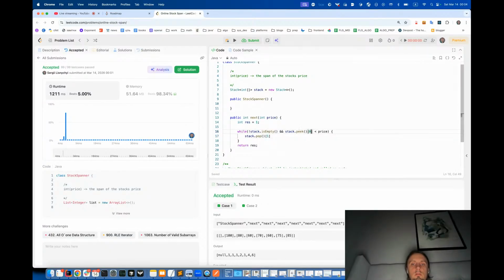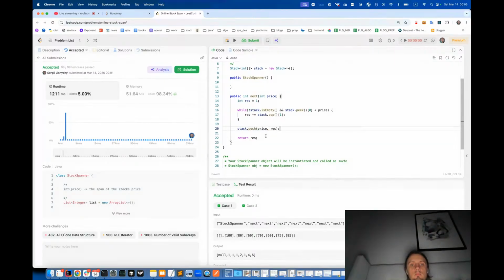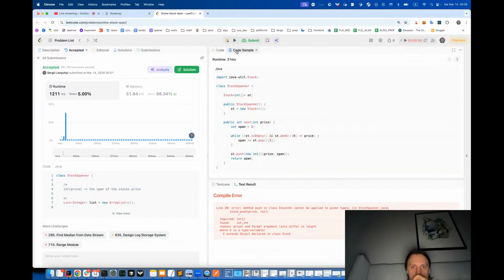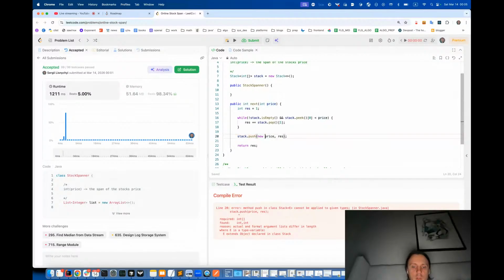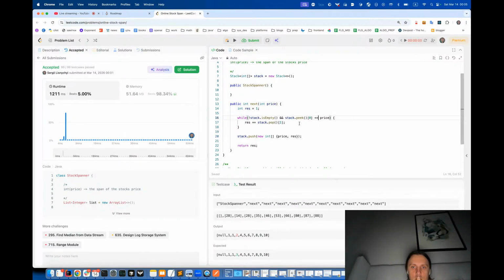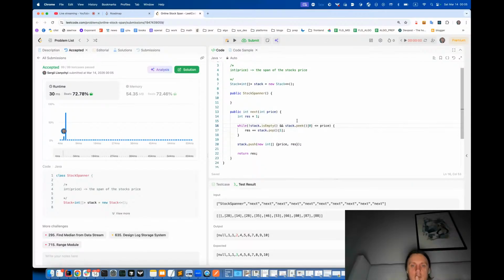So 0 will be price, 1 is span, and we add the span to our result, and then we do stack push, pushing this value with price and result. Yeah, now it works.